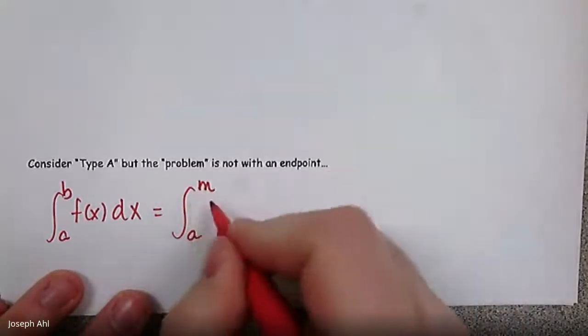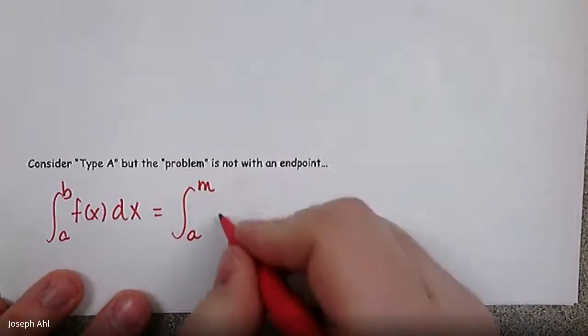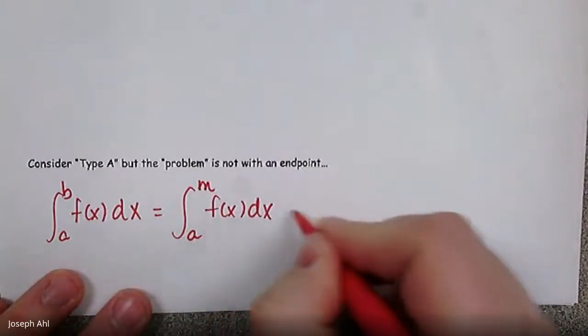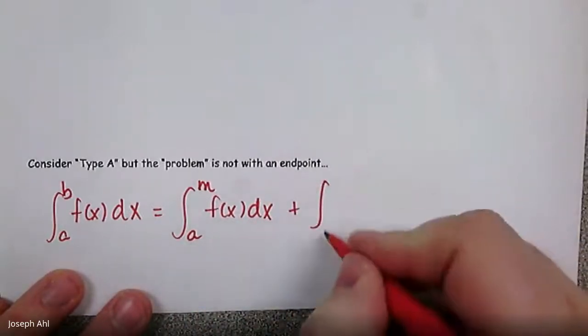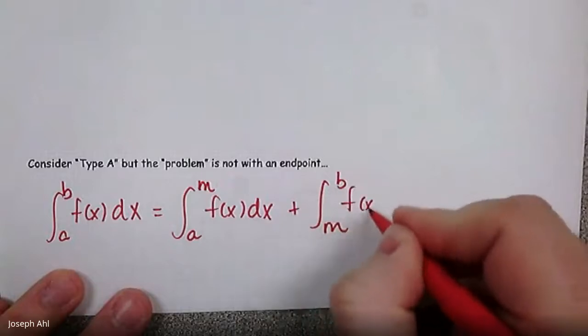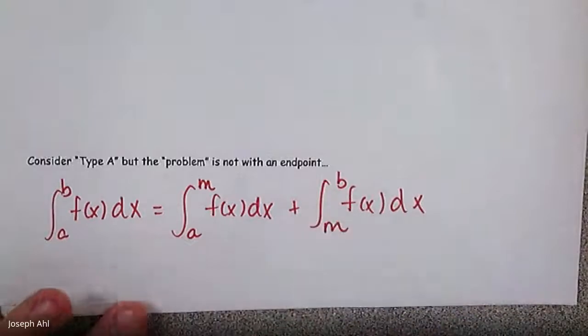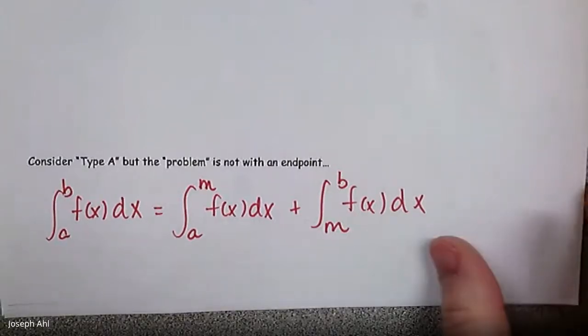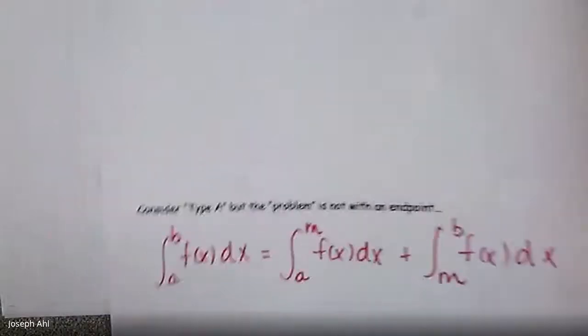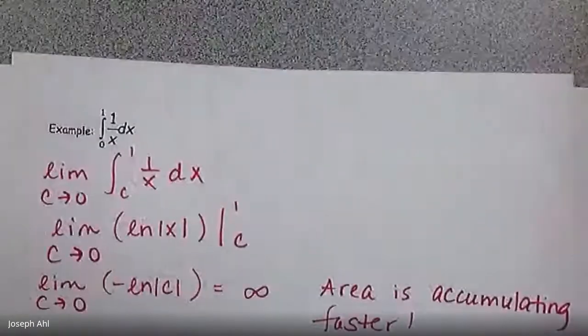So it'd be from a to, let's say, some value m, if m is where the issue is, of f of x dx, plus from m to b. If we separate it into those 2 integrals and then establish a limit in front of both, we will be able to, in the end, decide whether or not those limits exist and whether or not there is a finite area underneath that curve. Okay. So let's see if we can apply that to the next example.